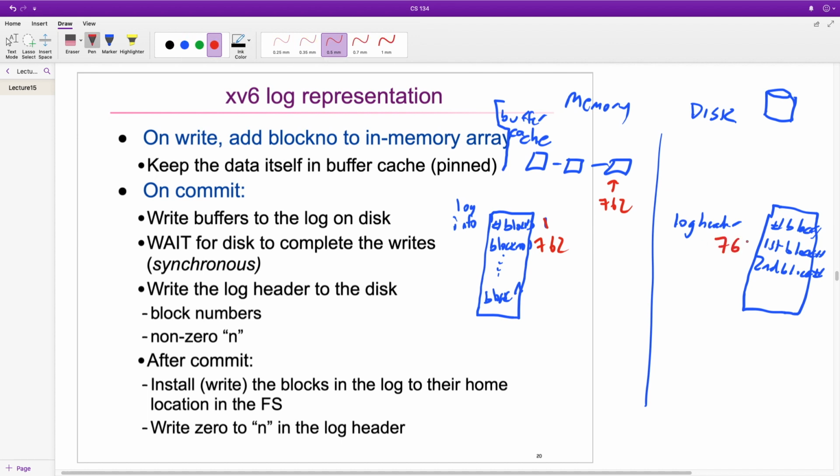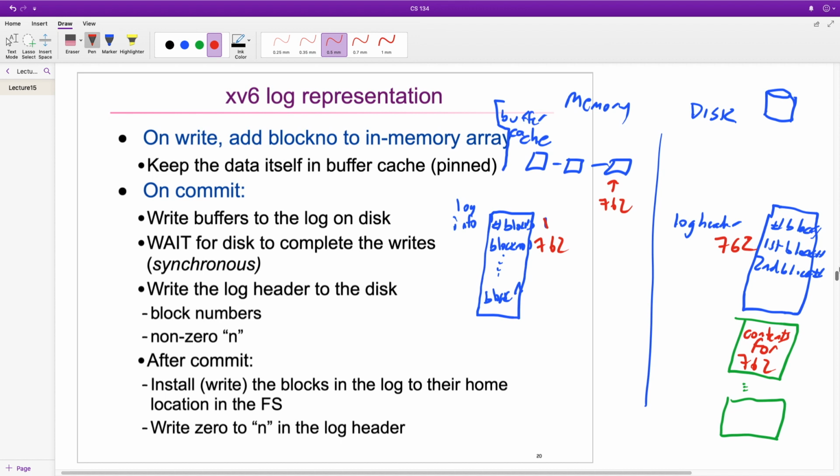If we're going to match this, this would be 762. After our first header, we have a bunch of blocks, and this first one would be the contents, let's say for 762. It's going to be this right here. Whatever the contents were here, once we've written it out to disk, that's going to be here. And our header says the contents here belong at 762. This is not block 762 right now. This is wherever we are on the log, 35 or something, and this is 36, and this is 34.